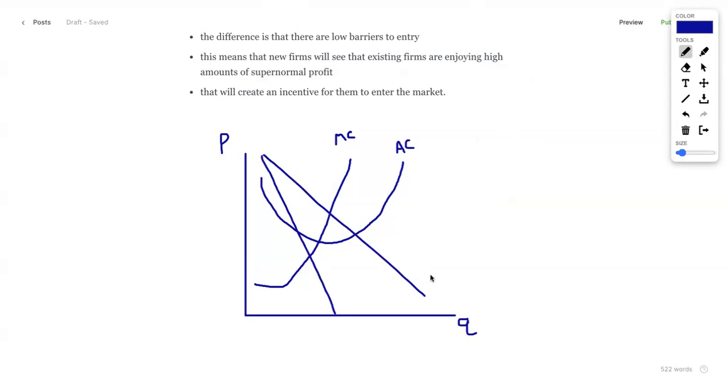The average revenue is basically the demand. What's going to happen to the demand for Apple if new people start copying Apple? The demand will decrease, because there's other people copying Apple. For example, when Bolt came out, what happened to the demand for Uber? It would have fallen a bit, right? Okay, so therefore the demand curve is going to shift to the left.